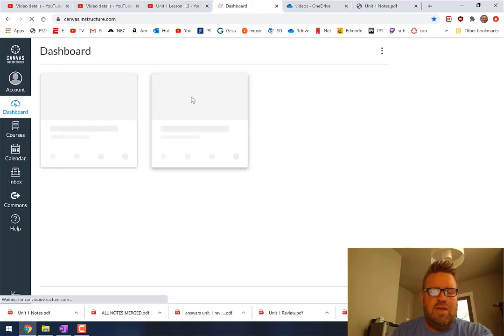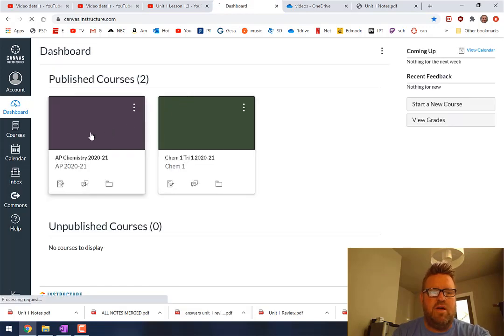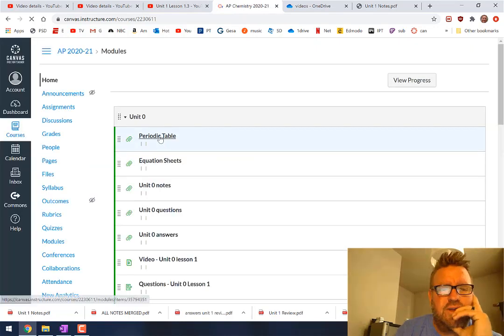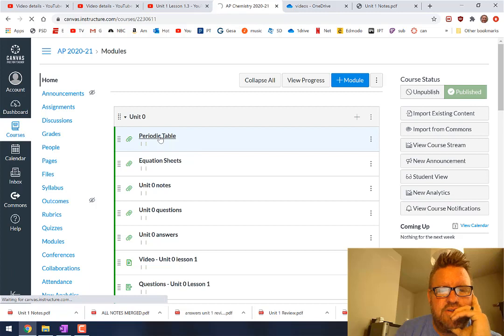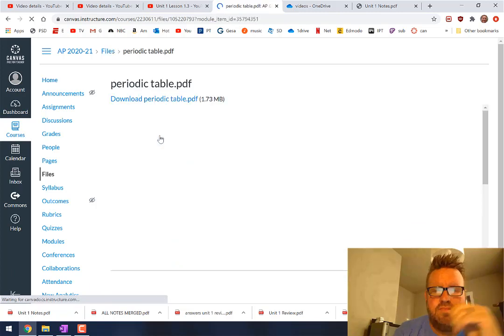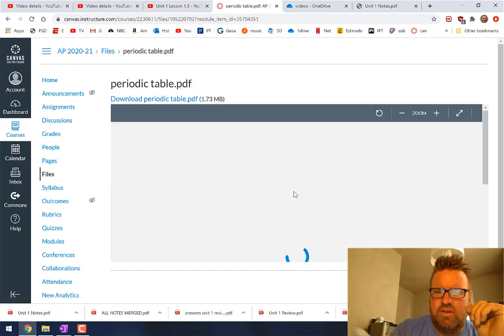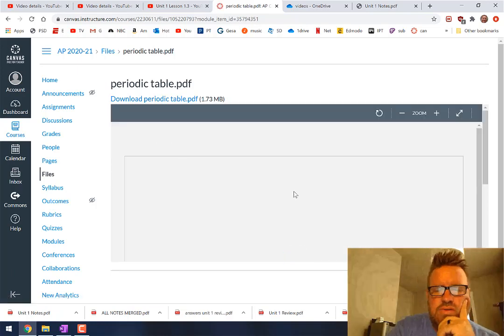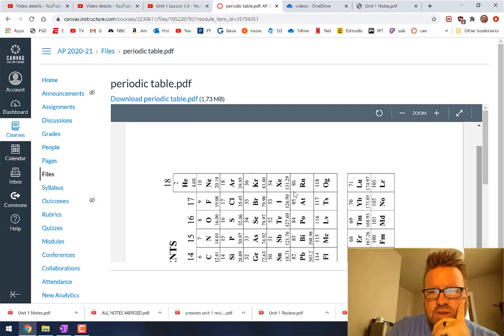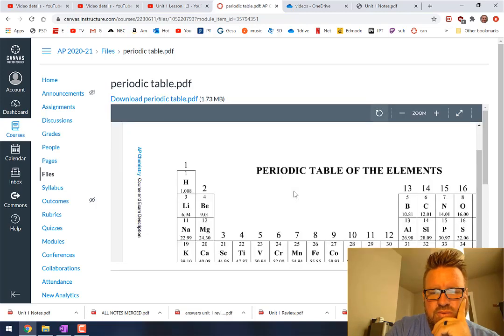So we'll go to AP Chemistry here, if it'll pop up. There it is. And hopefully we will have that periodic table in there that we can look at. If not, we can download it. It looks like it's going to pop up here. And maybe there it is. So we're going to try to rotate that to the right.